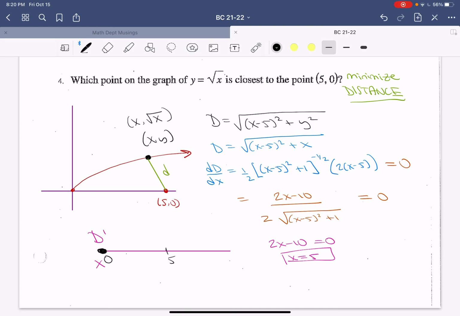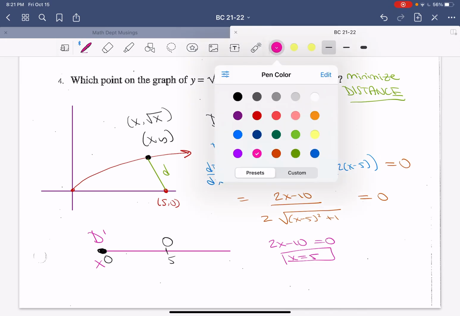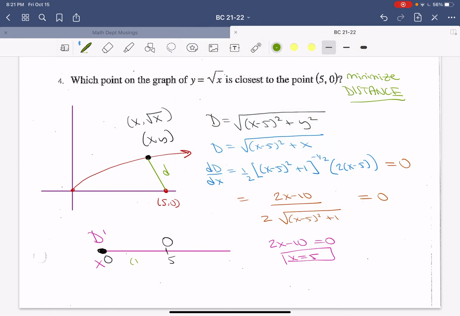And then here's 5, okay? And I'm going to plug in a value to the left of 5. I'm using the first derivative test for extrema. Remember that, because finding the second derivative is a big fat pain. I'm going to plug in 1 into the first derivative right here, right? When I plug in 1, positive down low, negative up high: negative, negative, negative.